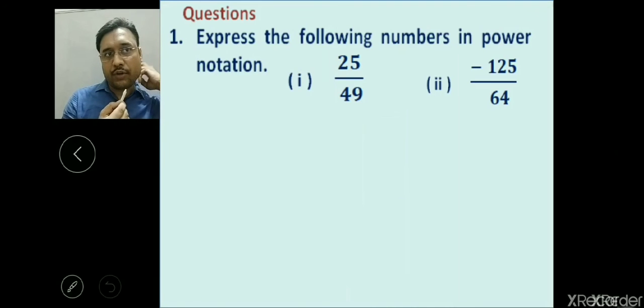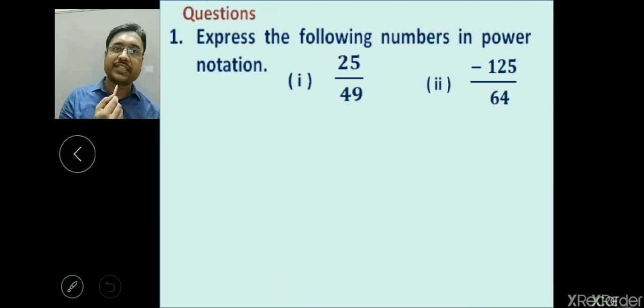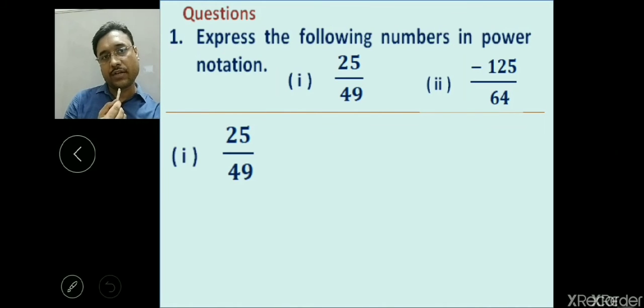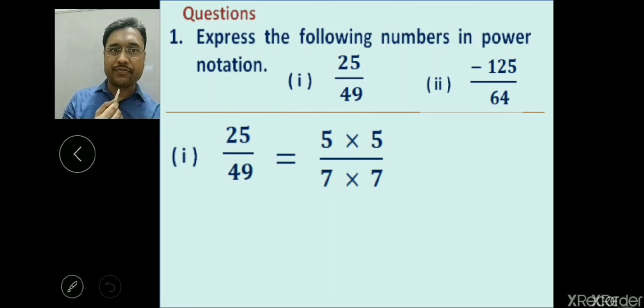Now express the following numbers. Some questions here. Express the following numbers in power notation. The first number is 25 by 49, which you can solve easily, and the second is minus 125 by 64. First we will solve 25 by 49. Obviously here 25 is 5 square and 49 is 7 square. So 25 is 5 into 5 and 49 is 7 into 7.